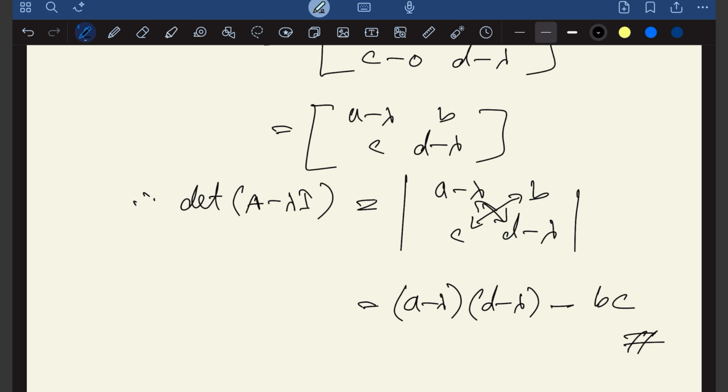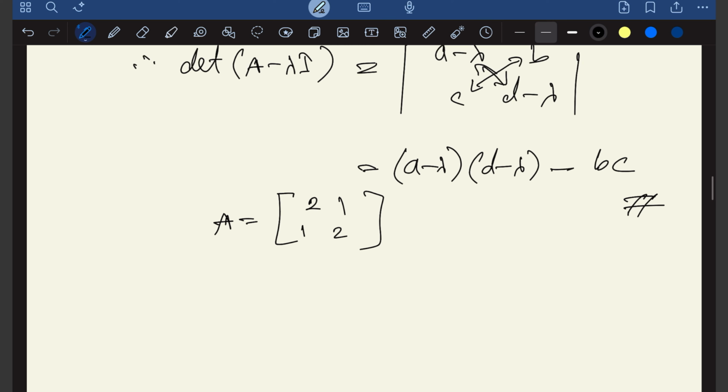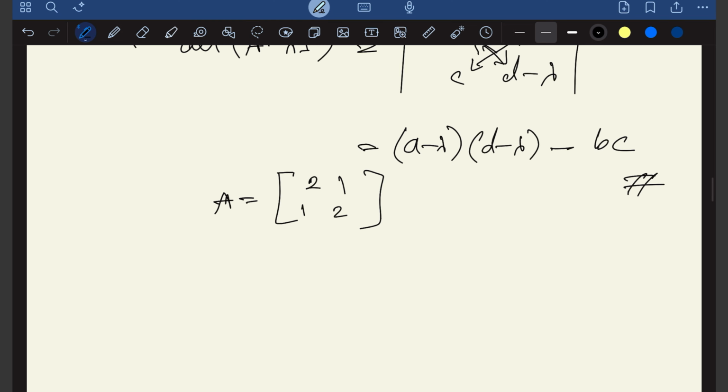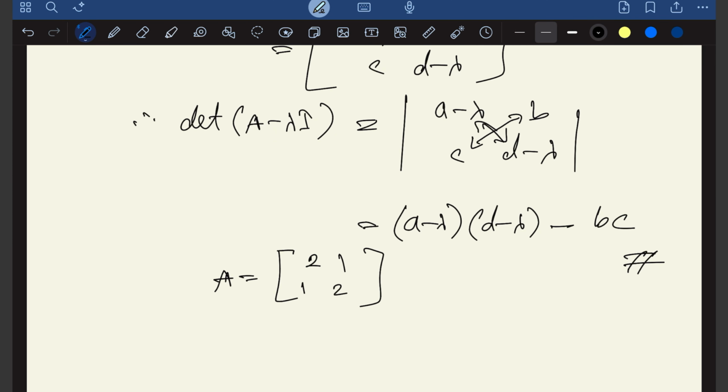Now let's take one example to look at it in a more in-depth way. Let's take a 2 by 2 matrix A equal to 2 1 1 2. How to find the eigenvalues of this matrix? By finding the determinant of A minus lambda I. Lambda is a scalar and I is the identity matrix.